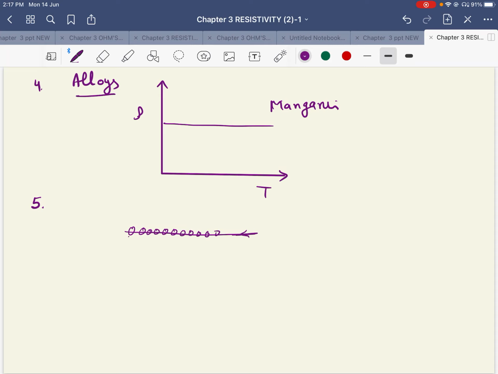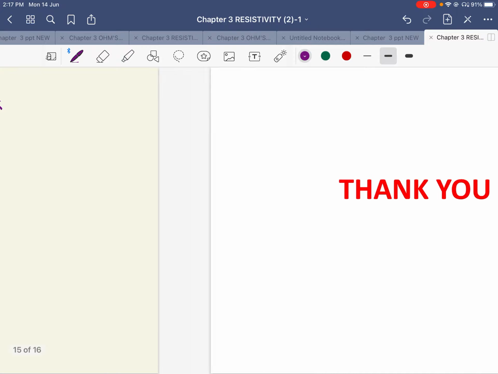And the insulator, this rubber which is used to insulate the wire, should have high resistivity so that current should not flow outside. That's all for today's video.